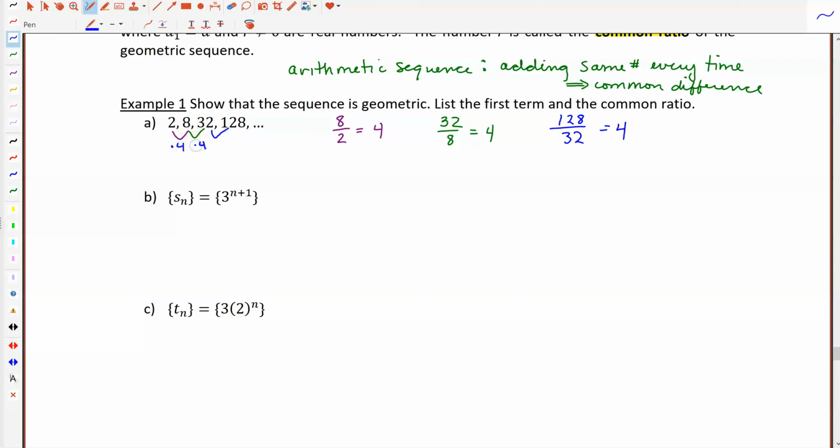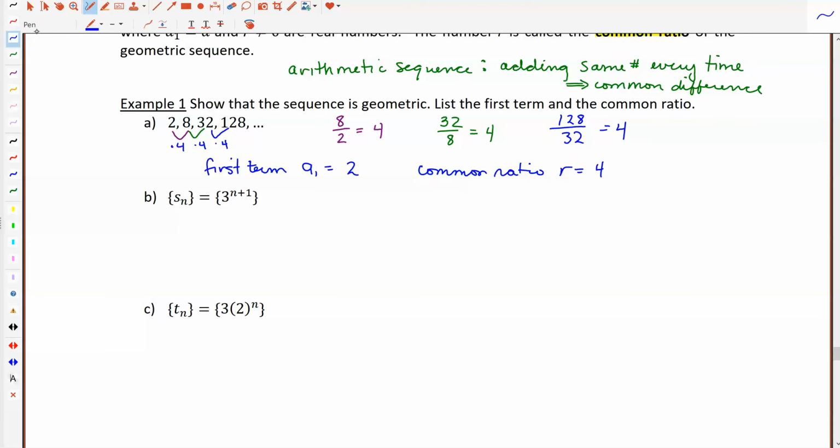Because of that, this sequence is geometric. The first term, which you can notate a sub 1, is 2, and the common ratio, which you can notate as r, is equal to 4.